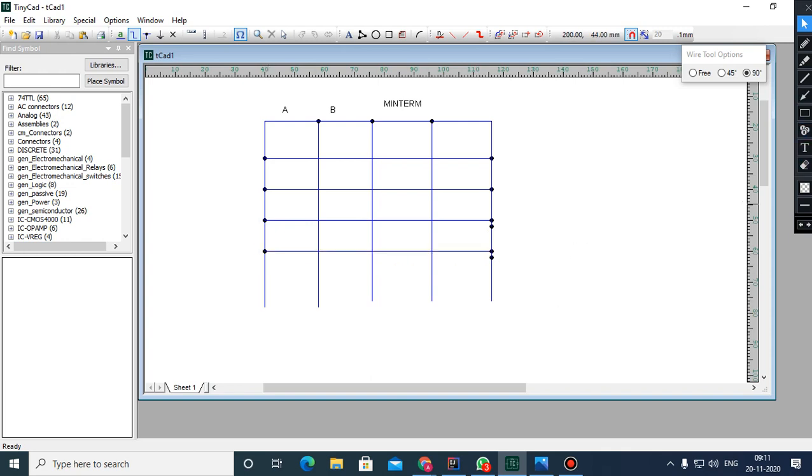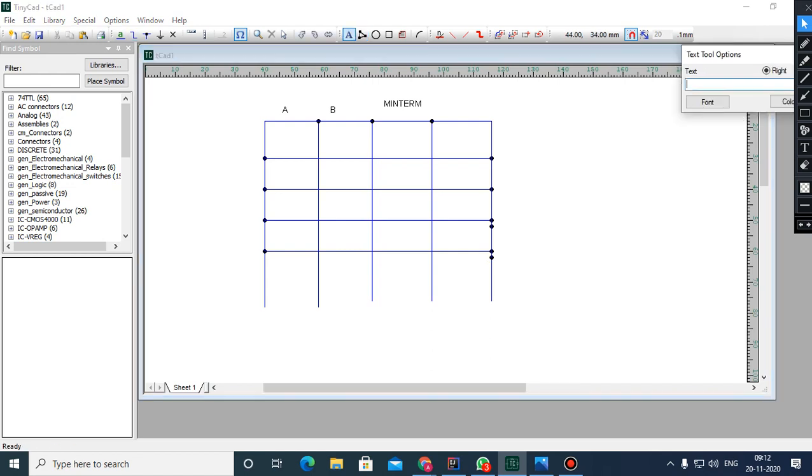So here it is 0 0, 0 1, 1 0, and 1 1. These are the 4 combinations.